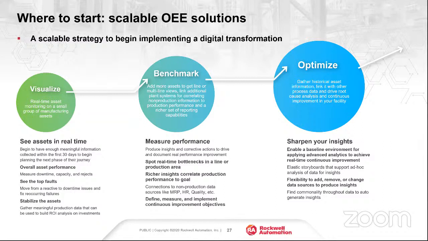Because in step number 2, we are connecting to the other systems, right? Now, when we bring in data from other systems and how it correlates with the production system, it does set up for analysis and optimization.